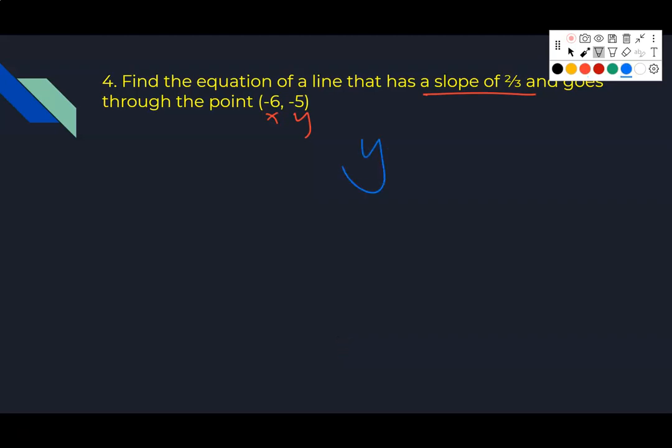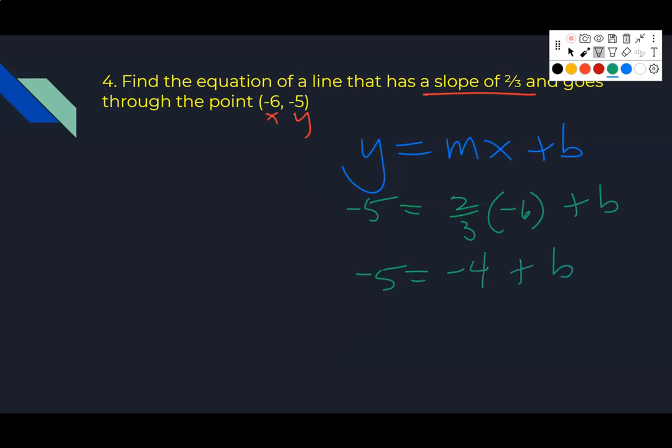We know y equals mx plus b. y is -5 equals, the slope is 2/3, x is -6, plus b. Let's simplify this. What is 2/3 times -6? 2 times -6 is -12 divided by 3 is -4. Or I think it's easier, -6 divided by 3 is -2 times 2 is -4, plus b.